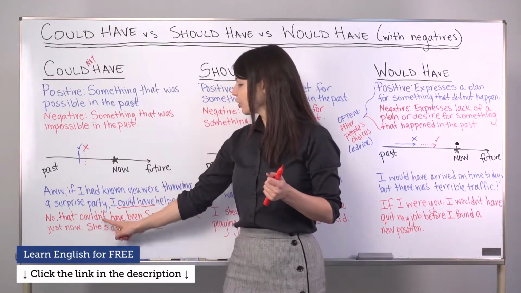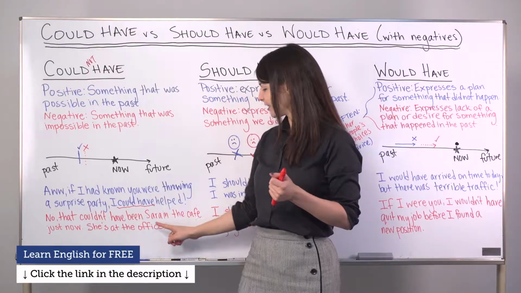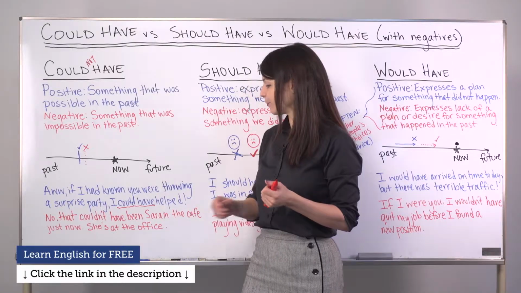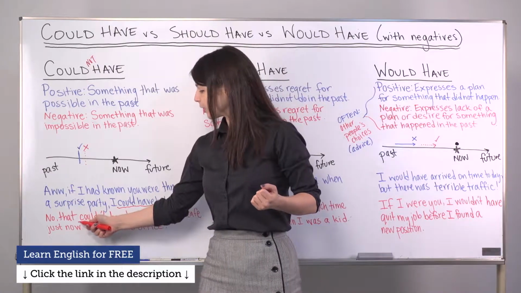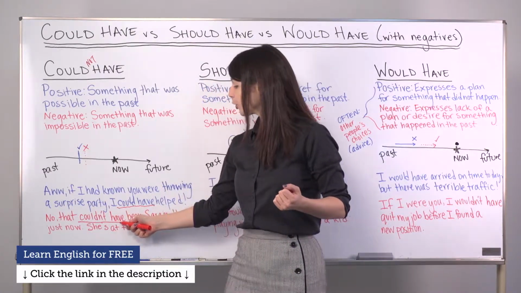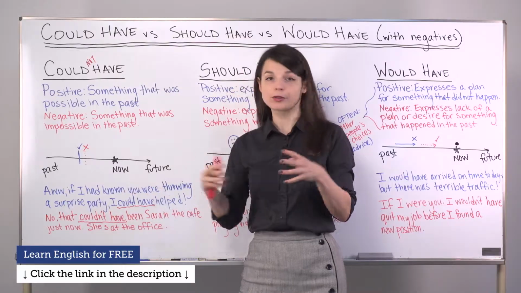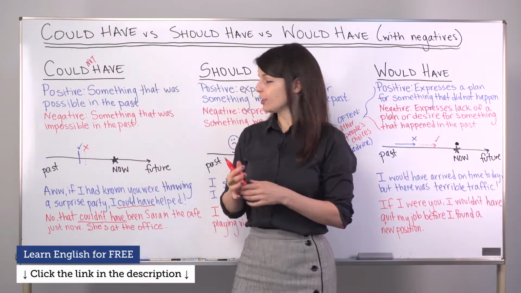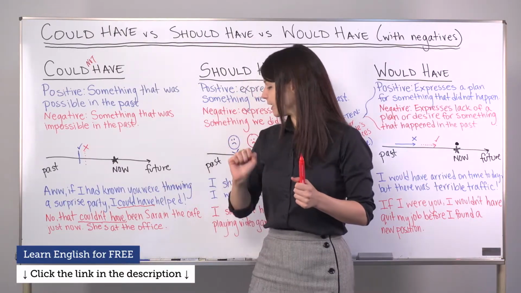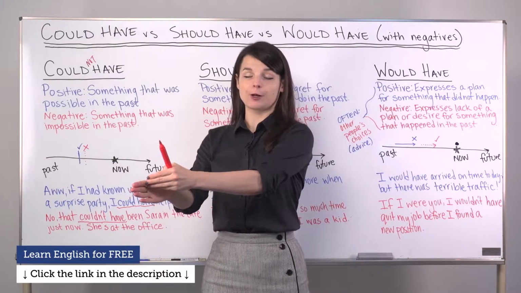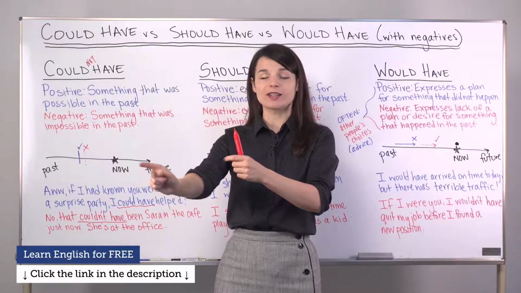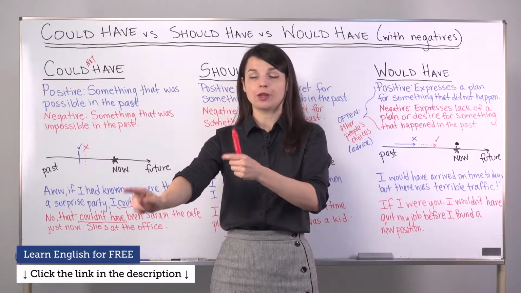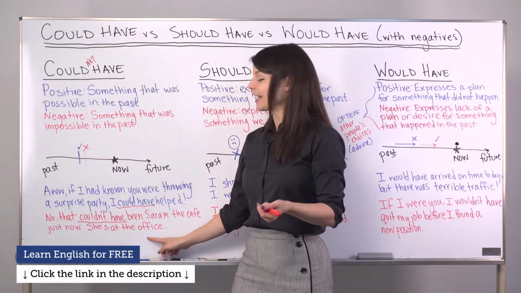No, that couldn't have been Sarah in the cafe just now. She's at the office. So here I'm using couldn't have, could not have, contracted, becomes couldn't. In other words, it's impossible that just now we saw Sarah in the cafe. Why? She's at the office.